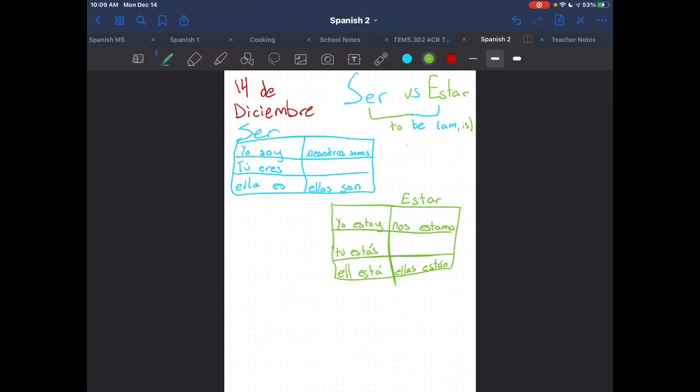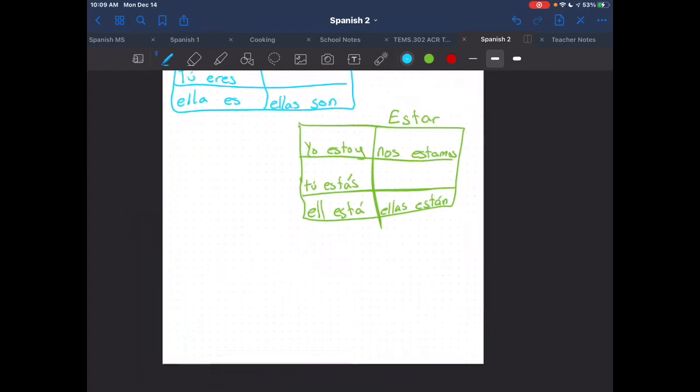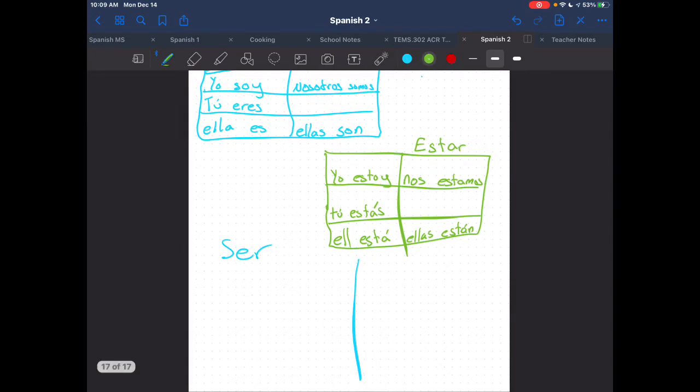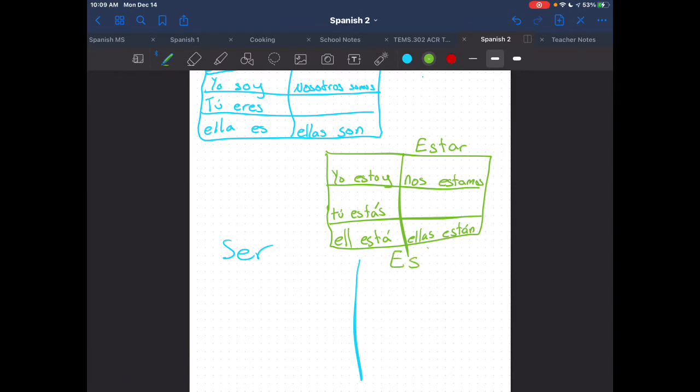And hoy, I'm going to tell you about, I'll put this here, un divider. So for ser y estar, there are two different acronyms to remember when to use the two verbs. So, ser, we have the acronym DOCTOR.